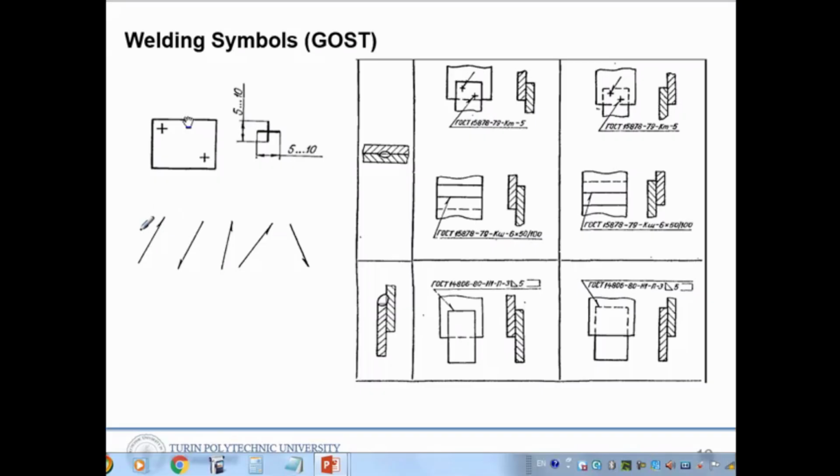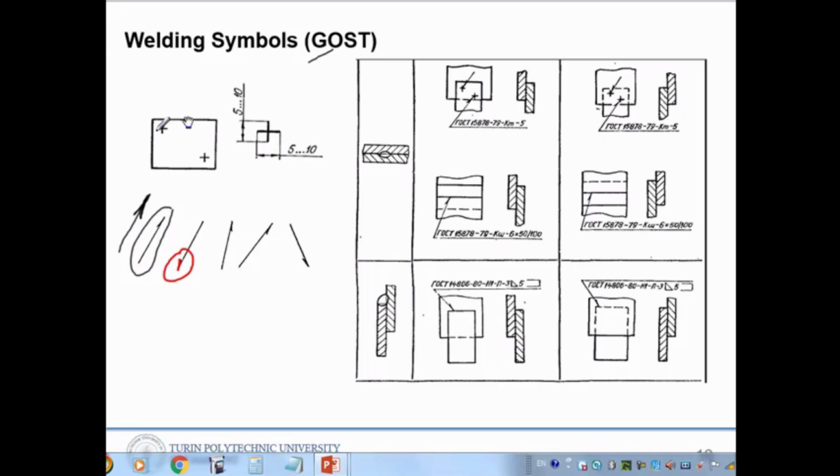In ISO for welding we use the arrow like this, two-sided, but in our case, in GOST, we have a one-sided arrow. Only one side is shown, there is no other side.